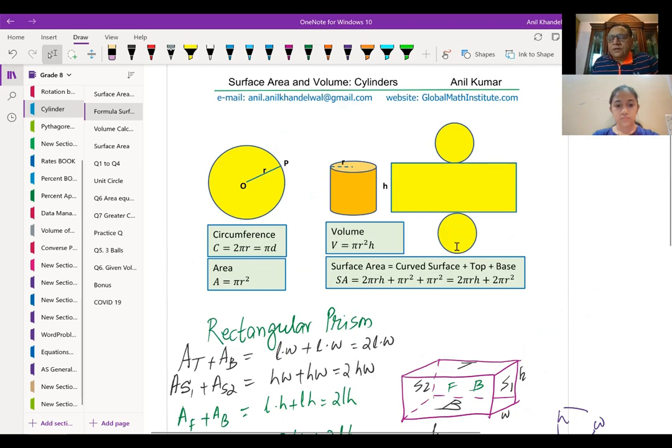I'll give you a chance to go through your book and solve the questions for rectangular prism, and then we'll come back to the cylinders. I'm stopping sharing. You can now share your book questions and we'll solve them one by one on surface area and volume.